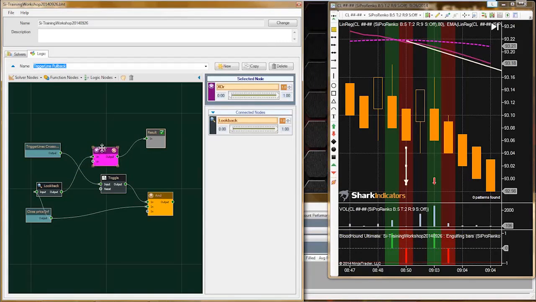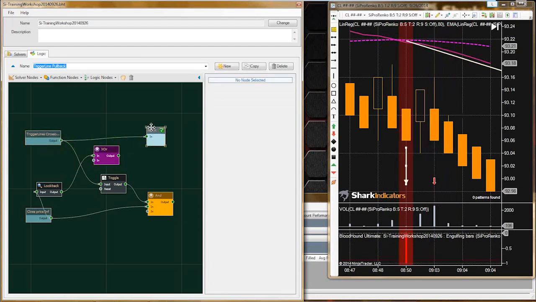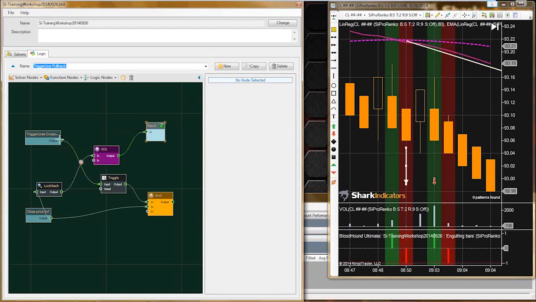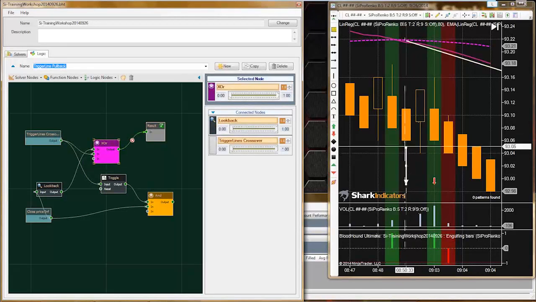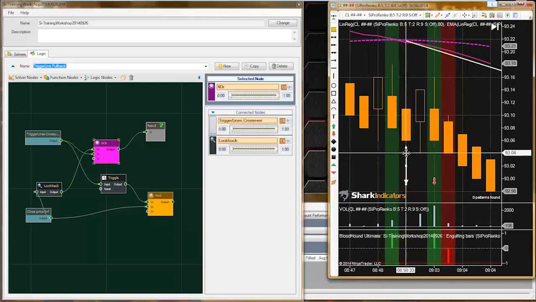Let's just focus on this one bar, this one bar with the arrow. So that's looking at the XOR. Keep in mind our crossover solver has a signal on that same bar. So now look what happens if I plug it into the XOR. You see how this signal disappeared? Let me disconnect that again. So we got a long, a short, a long, and a short signal coming in here. We have 4 coming in, and as soon as I connect the crossover signal, only this one short signal disappeared.